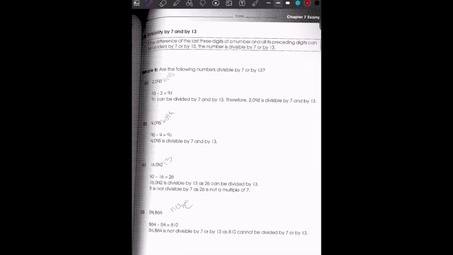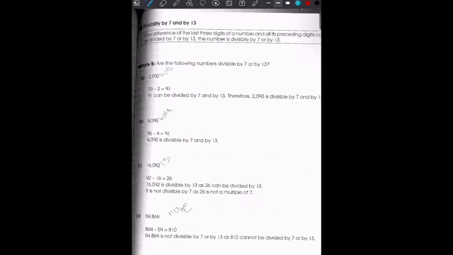And so for the first number we have 2,093. The last three digits are going to be 093, which basically is 93. Since we have a 0 in the beginning, that just tells us the number is 93. And the preceding digits before the last three digits are going to be 2.